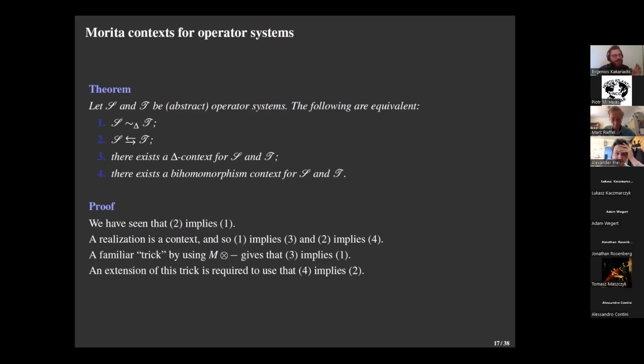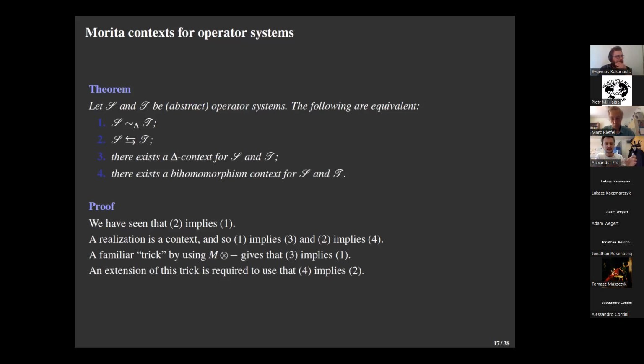Yes, so if you have S and T already C-star algebras, and say you forget that they're algebras, but only operator systems, and you know that, for example, there exists a delta context for A and B, then, I guess that's what you wrote before, M star A M is contained inside B. That's a completely bounded, completely positive map, and the same way the other way around.